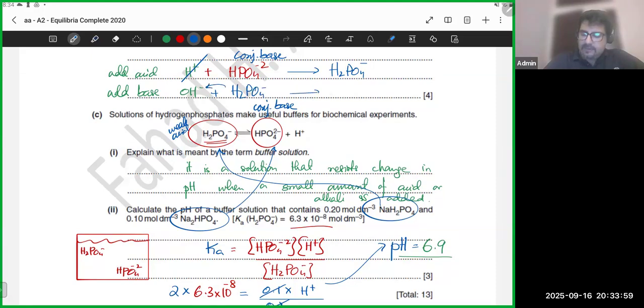It's going to turn it into water, and it will turn itself into HPO4 minus 2. Basically, the equilibrium is shifting forwards. You've got to add this OH ion somewhere inside the equation. If you add a base, the weak acid releases an H plus 1, which neutralizes OH ions and turns into HPO4 minus 2.